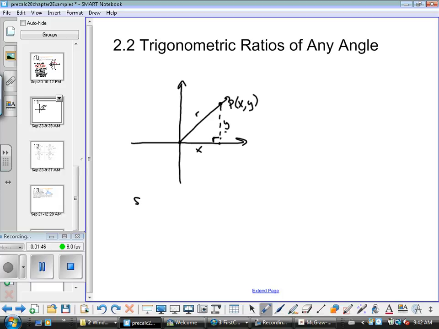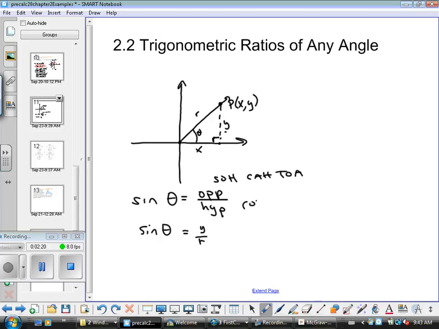So we can use sine equals opposite over hypotenuse, right? We're going to use SOHCAHTOA. And we're just going to switch this up a little bit because it becomes useful later. You'll see it in a later example when you do, say, a 90, 180 or 270-degree angle. The opposite over the hypotenuse here, for our angle in standard position, is going to be y over r, okay?